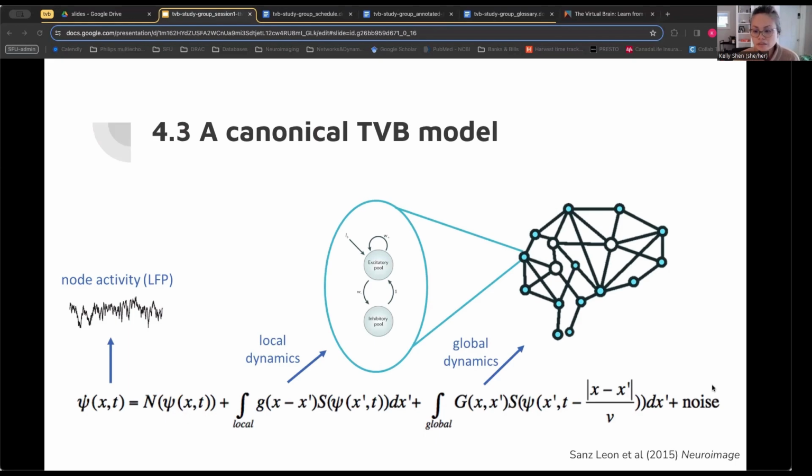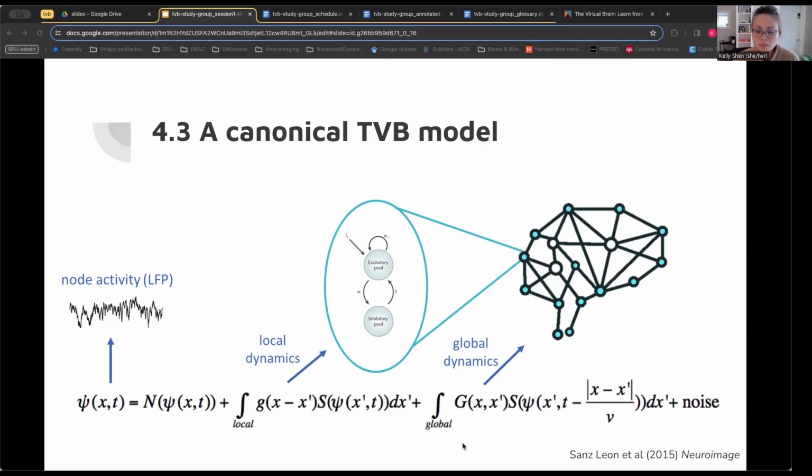It has this very important noise term at the end. We know that that is important for generating some kind of physiological signals. And it also has this extra term that we won't touch on much here, but allows for stimulation, for example, for adding a stimulus to your simulation, or adding some kind of intervention, or some perturbation to your model.